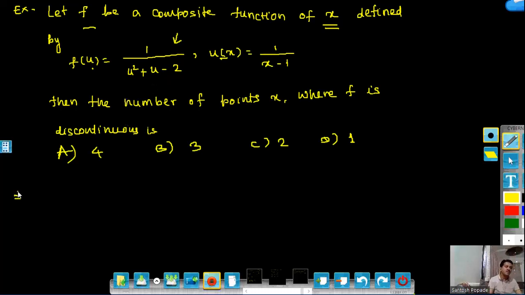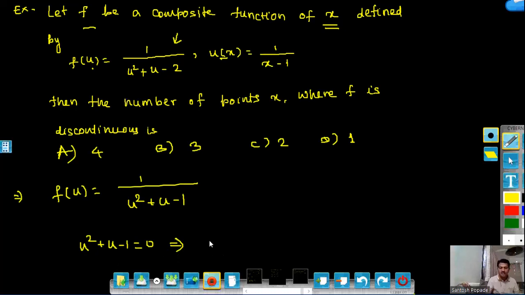So you can observe that f of u is a rational function and u of x is also a rational function. So I should check the denominator. f of u equals 1 upon u square plus u minus 2. u square plus u minus 2 is there, and find its factors.